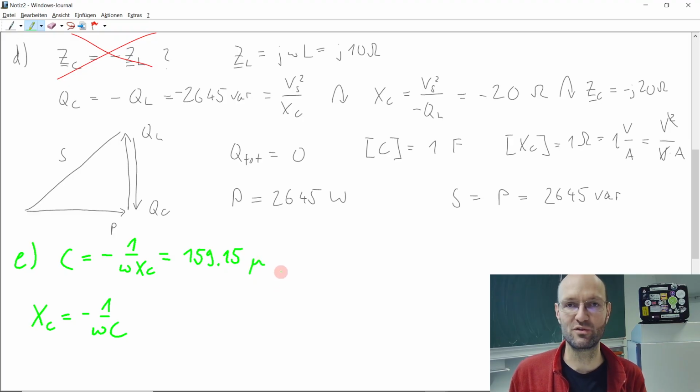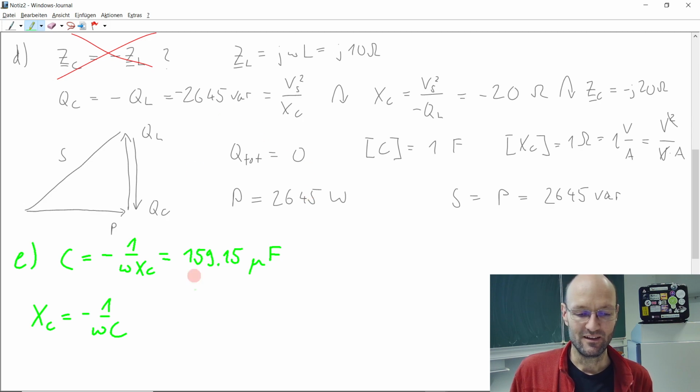And then there's the question, what is the unit? It should be farad, because we calculate the capacitance. We can still check. If we check the unit of this capacitance, we take 1, then we divide by the unit of omega.